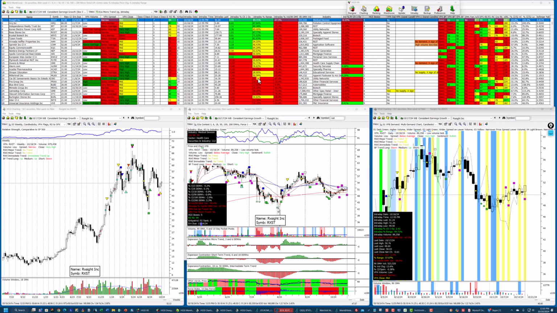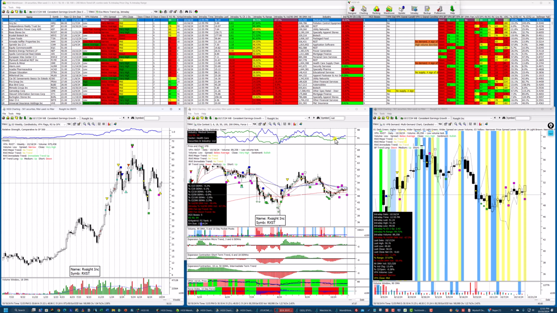The way I have my screen set up is I have the warehouse view up here, of course, and then I have a weekly chart with a comparison of the stock's strength compared to the S&P 500, and then I have chart number 2A under my white charts, which has a relative strength; the industry is blue.